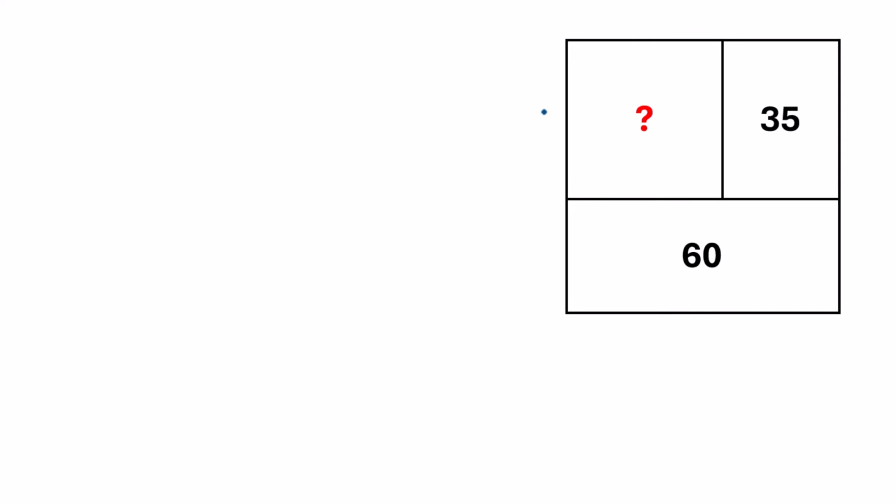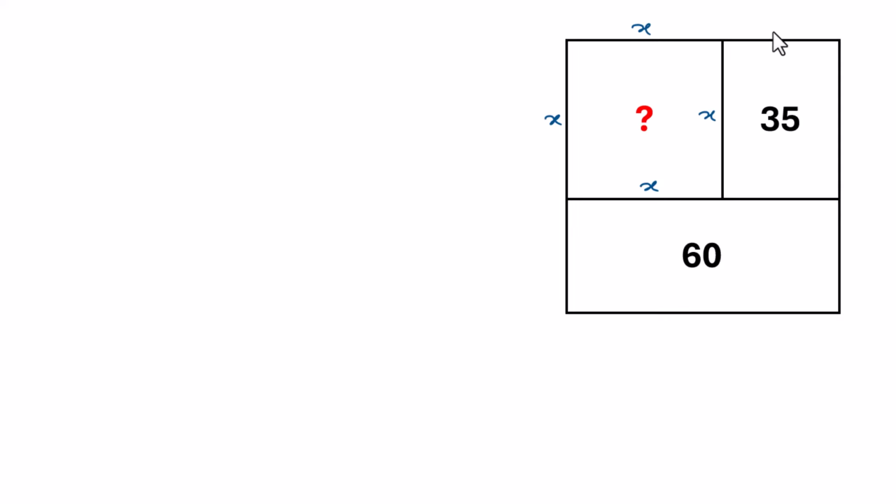Consider the length of this small square is x, so this length will also be x, and this will also be x, and this is x.